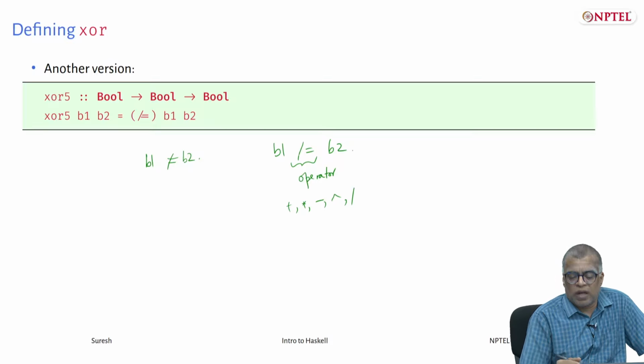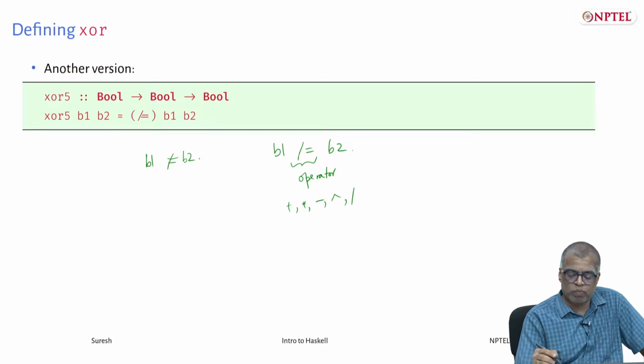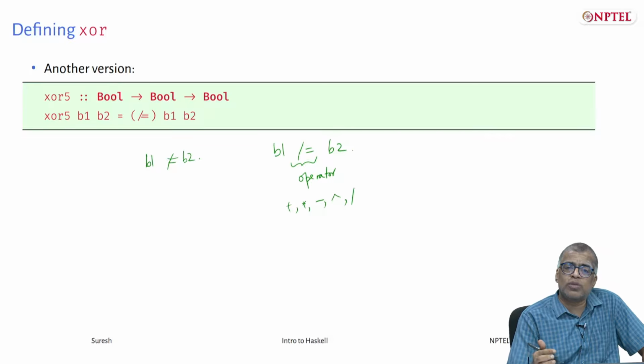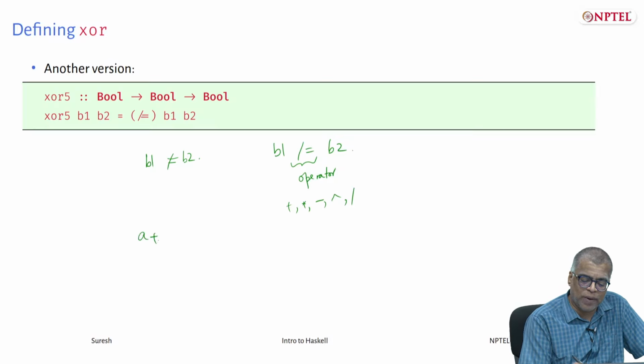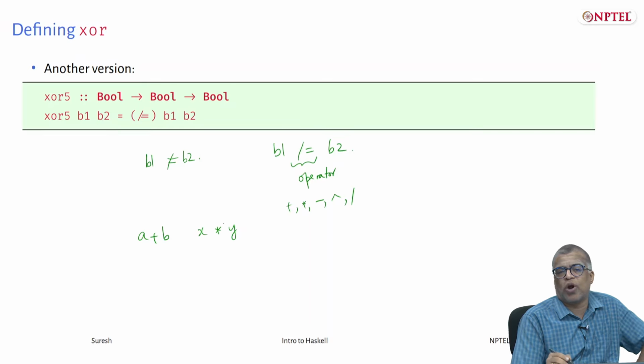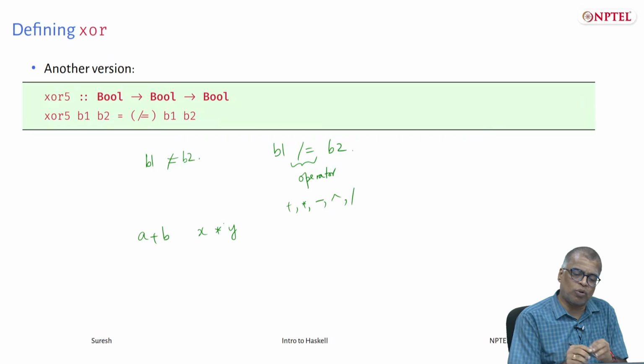Operators are typically binary, and you put the operator in between the two arguments. So you write a plus b, you write x times y.